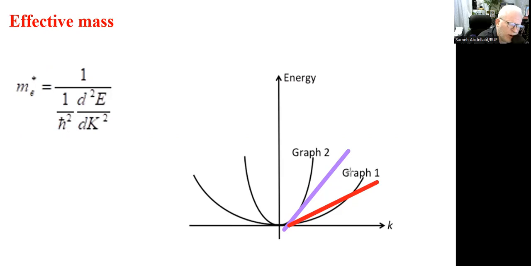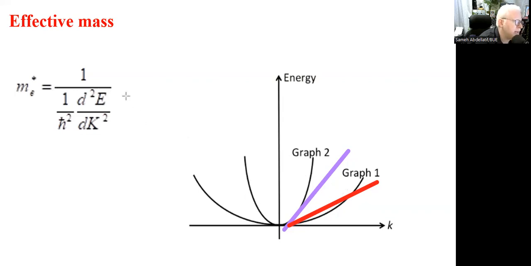And then, with graph number one and graph number two, the slope of this line will represent the second derivative of the E-K diagram. So 1 over the slope results in the effective mass. For this case, for example, the purple line has a higher slope with respect to the red line.